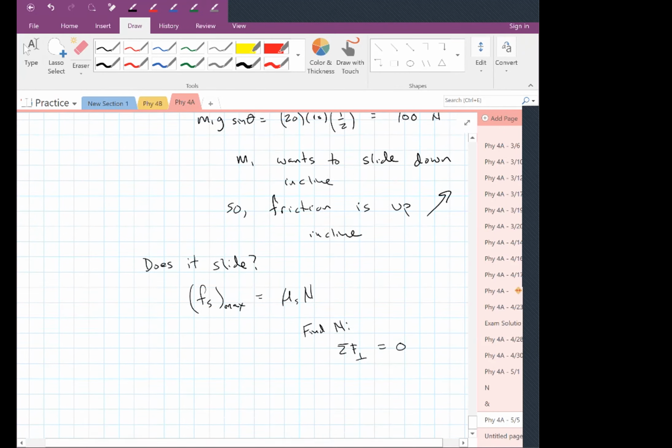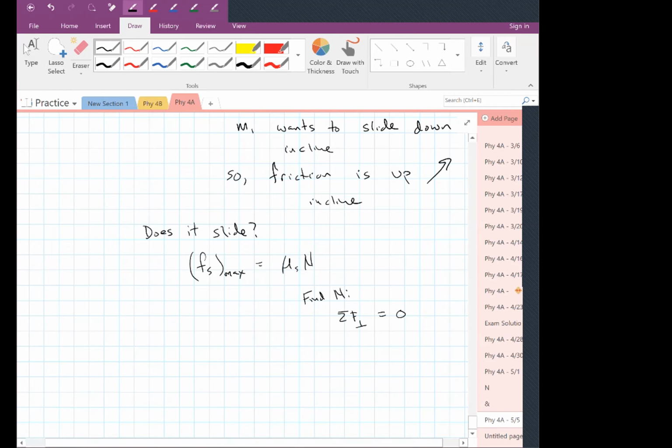Excellent. Some people already have it. Good. So I've got normal force equals M1 g cos theta, and that's going to be about 173.